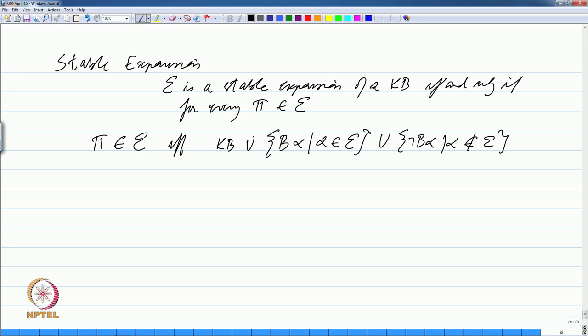So, the union of these three sets entails phi.